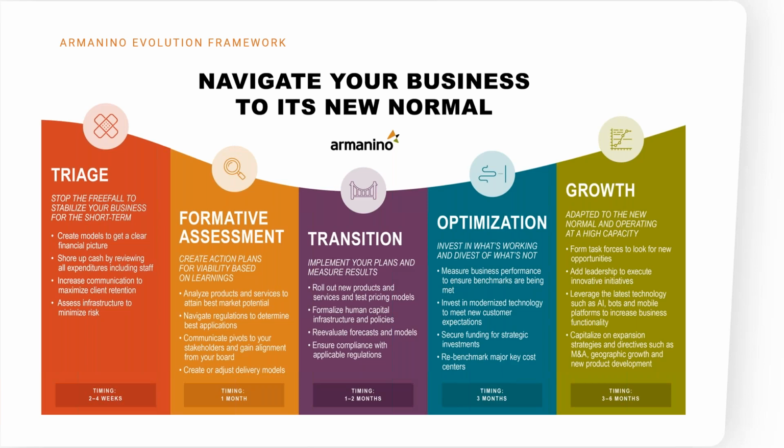So we've put together a framework to provide actionable assistance wherever you are on this continuum to help you understand where you are, how to move to the next one, and what to expect in subsequent stages. We created this for the pandemic, and I would say this is actually a repeating cycle. Anytime something critical happens, it could be a loss of a funding source, it could be a loss of critical leadership.